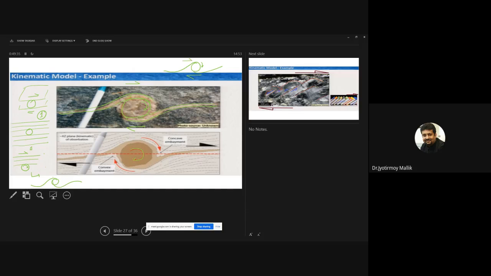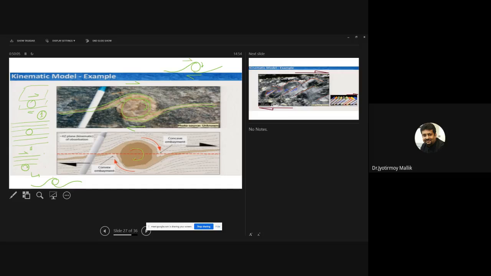That's the third step. You can talk about the rotation speed, with what speed this porphyroblast rotated. That is a more advanced study, and from there you can talk about the amount of force or shearing that was going on during this time. They will all be part of the kinematic modeling, but more advanced kinematic modeling.